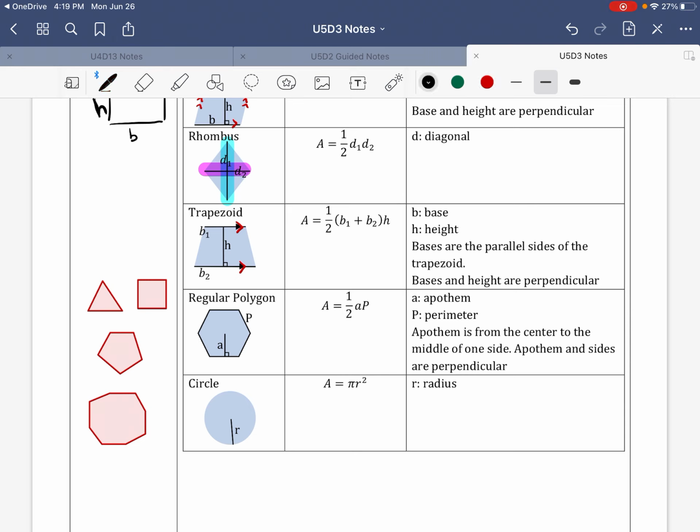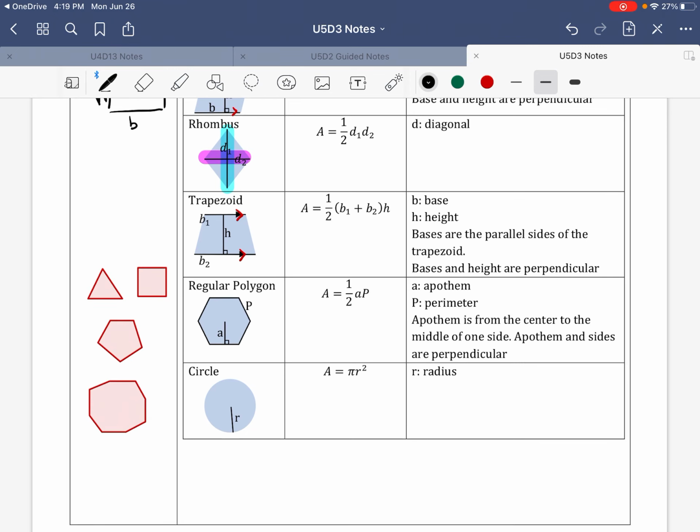In all of these instances, we can use a regular polygon equation, 1/2 times the apothem times the perimeter. Okay, so this is useful when you have, again, regular polygons, where all of the sides and angles are congruent.